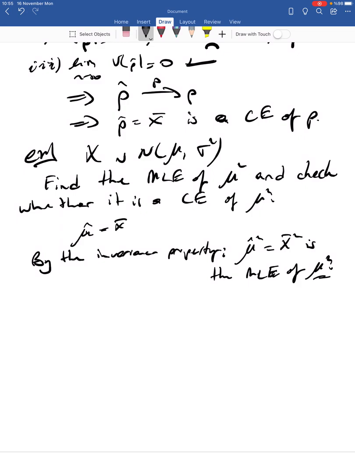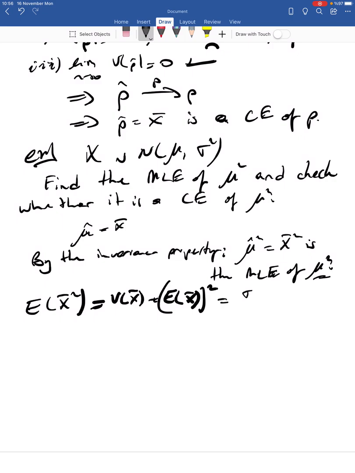So let's check the consistency. To show the consistency, we have to find the expectation of x bar square and show that it converges to mu square, and that the variance of x bar square goes to 0. Here, expected x bar square is variance of x bar plus expected x bar whole square, by the definition of expected squares.